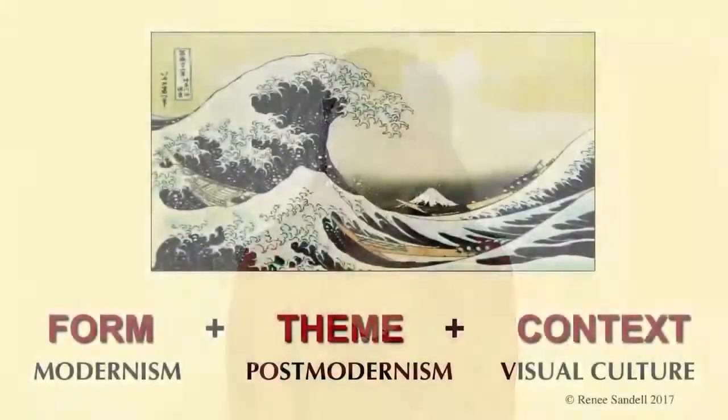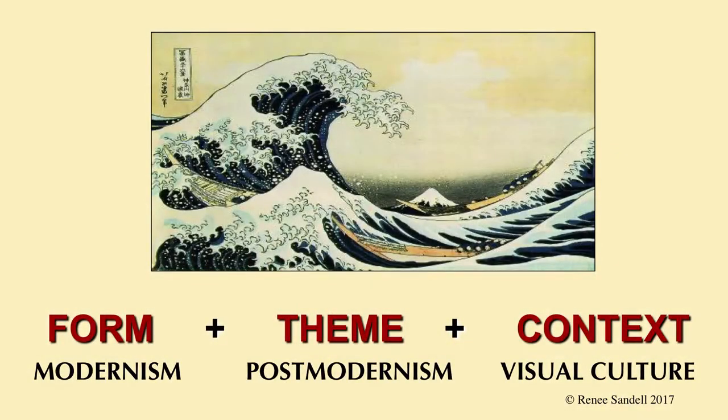If we look at FTC in terms of art theories or traditions, we might actually view modernism as overemphasizing form, postmodernism as overemphasizing theme, and visual culture as overemphasizing context. Balancing form plus theme plus context can lead to deeper understanding through the visual language of art and make it more meaningful and accessible to all.